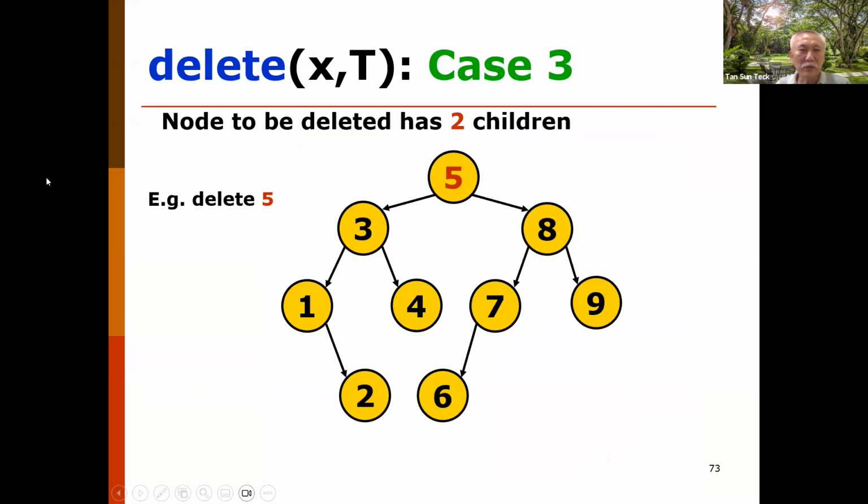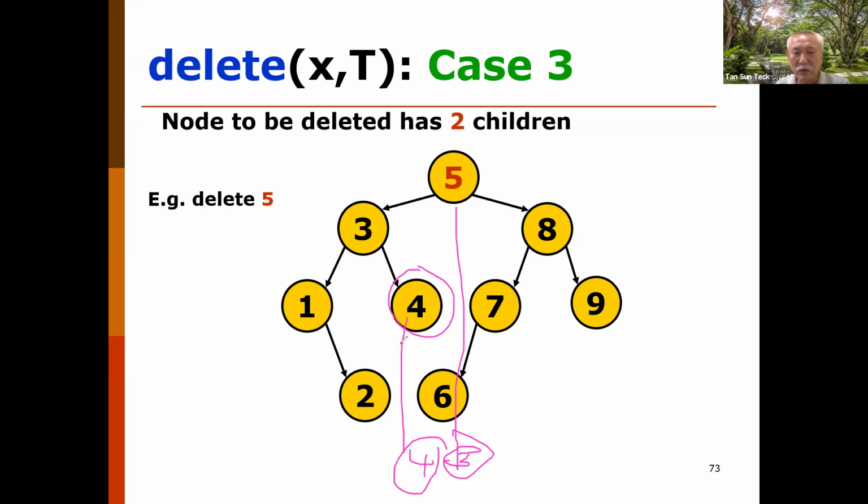So you can either use the in-order predecessor, which means if you draw it in order, this is 5. The predecessor is equal to 4. That means directly in front of the value that you are deleting if you traverse it in order.